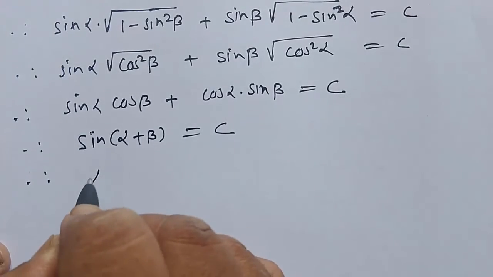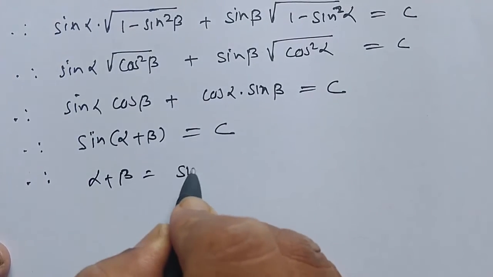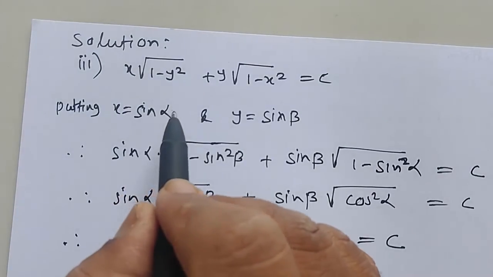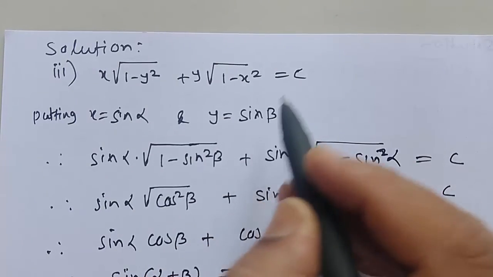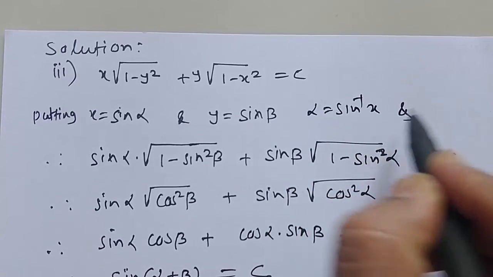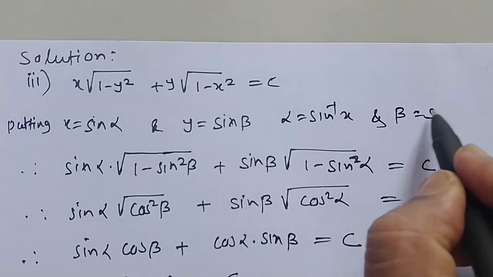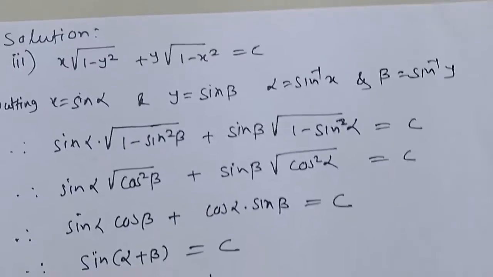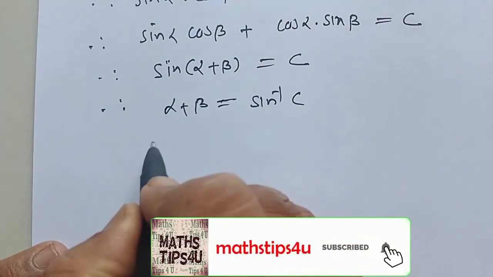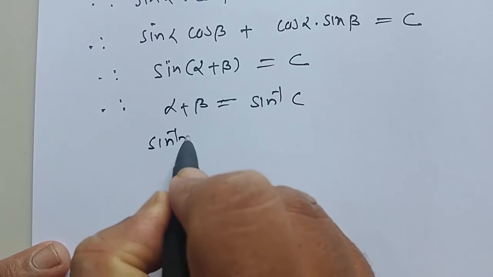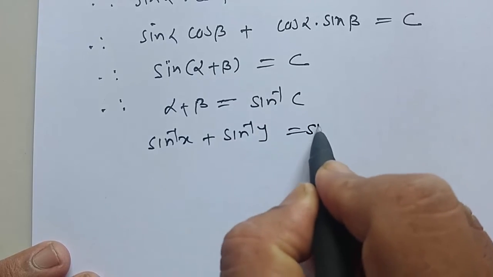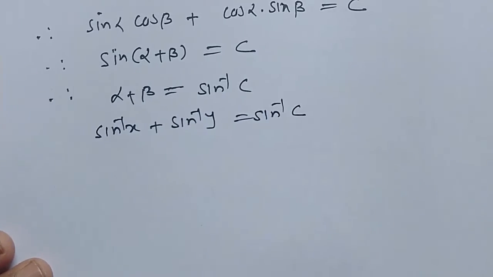Therefore, alpha plus beta is equal to sin inverse of c. Since x is equal to sin alpha and y is equal to sin beta, alpha is equal to sin inverse of x and beta is equal to sin inverse of y. So putting the values of alpha and beta, sin inverse of x plus sin inverse of y is equal to sin inverse of c.